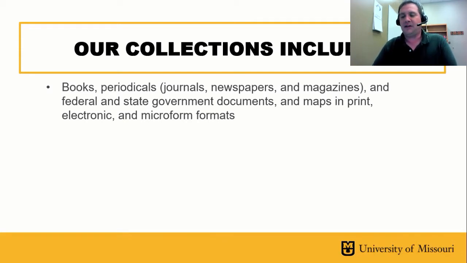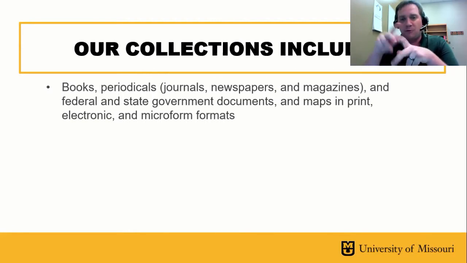We are a federal depository, which means that we receive copies of a lot of documents that are published by the federal government. And we also have state government materials as well. And we have maps. We have a lot of these things in print format, so the physical item, the books on the shelves, but we also have access to a lot of these things in electronic format. So ebooks, PDFs of journal articles and things of that nature.